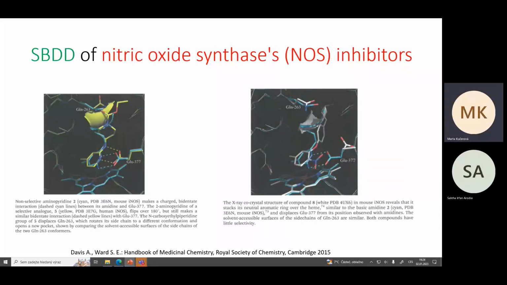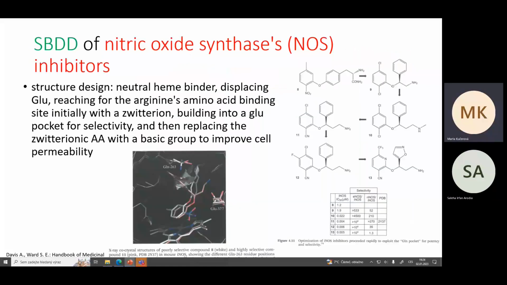So the 3D structures of the complexes help to decipher the suitable structure for binding. It was found that glutamic acid and glutamine are essential for the binding, and there is also heme at the bottom of the cavity that can support the binding.